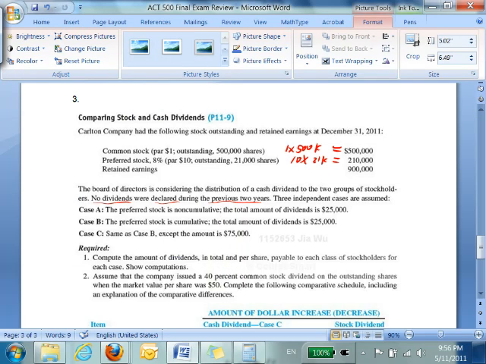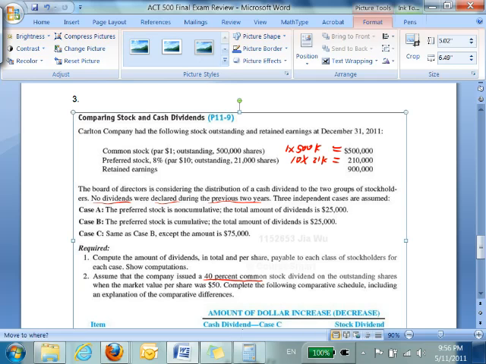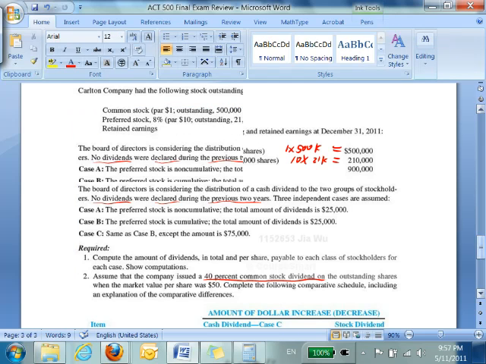Requirement. Assume that the company issued a 40% common stock dividend on the outstanding shares when the market value per share was $50. Complete the following comparative schedule, including an explanation of the comparative difference. So in this case, they have a 40% common stock dividend.